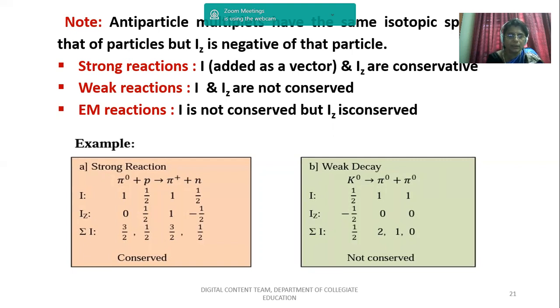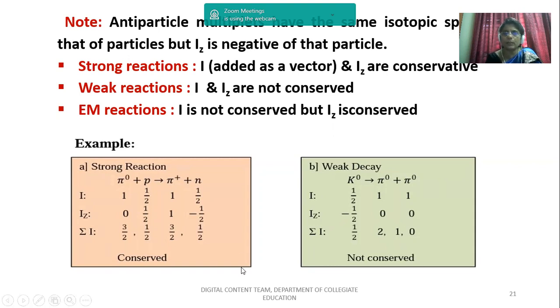So 3 by 2 on the reactant side equals 3 by 2 on the product side for total I. Similarly for Iz, the summation is 0 plus half, which is half, on the reactant side, and 1 minus half, which is again half, on the product side. Both values are equal, and that confirms the conservation of isotopic spin, or isospin, in this particular strong nuclear interaction.